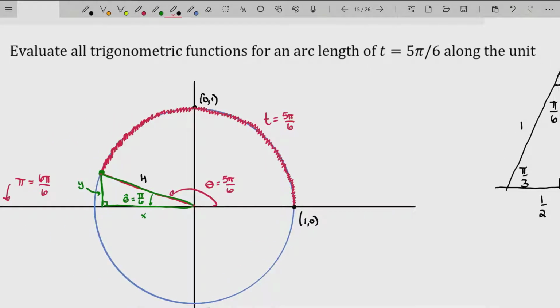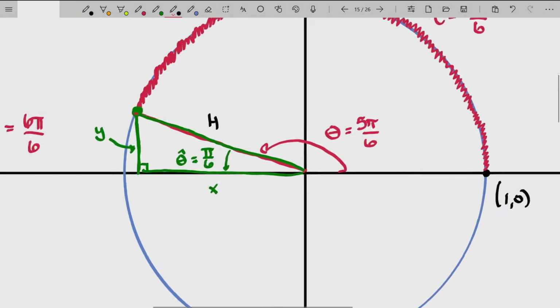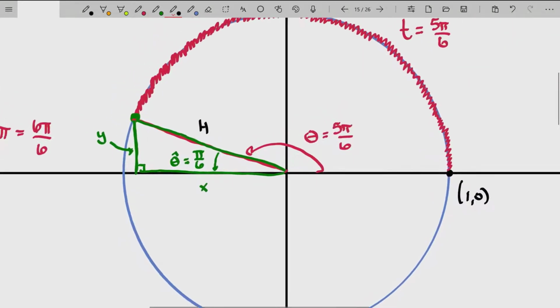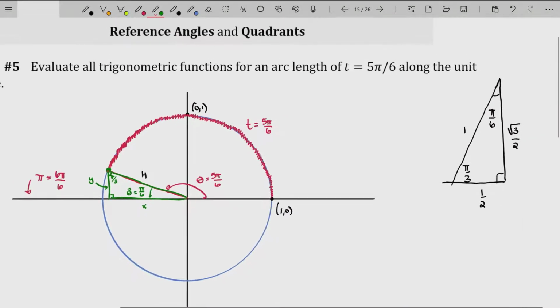Now we have to consider the quadrant that we're in. So we use the reference angle here. Now let's consider the quadrant. You're in quadrant 2, so the x value there should be negative. And notice the x value is actually opposite the pi over 3 angle. So we'll go ahead and find out what is opposite the pi over 3 in our special triangle. Oh, it's root 3 over 2.